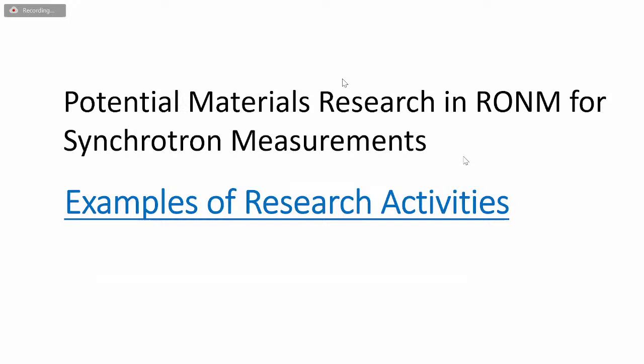Next, I would like to show you about the potential material research in our research organization. This can be extended to synchrotron measurement. Of course, this is only some examples, and in detail, typical research will be presented by the next panelists, Prof. Evi, Dr. Teguh, and also Dr. Suci.